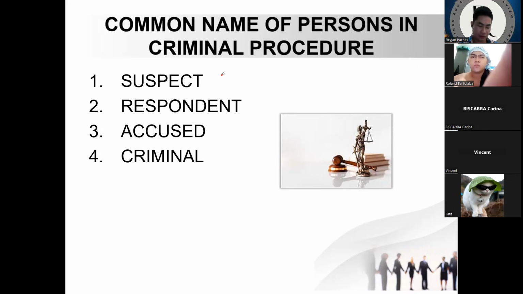Again, sino si suspect? Under custody. Okay, so si suspect, under custody, police parlance. Okay, very good. Tingnan natin yung mga sagot nyo.